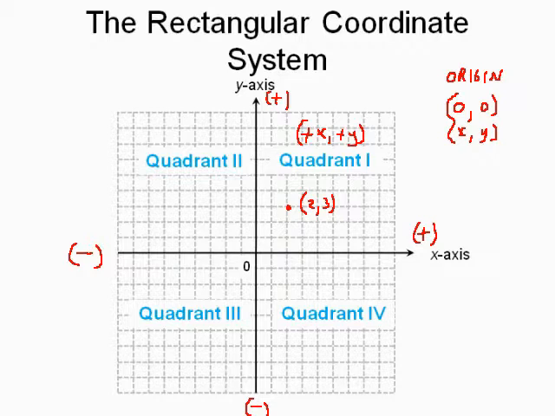In the second quadrant, x will always be negative no matter where you go, and y will be positive. So let's take a point in quadrant 2. Let's take negative 1 1/2 and 1.2. Yes, you can use fractions, ladies and gentlemen, and you can use decimals in this rectangular coordinate system.